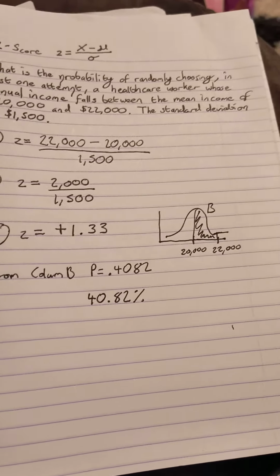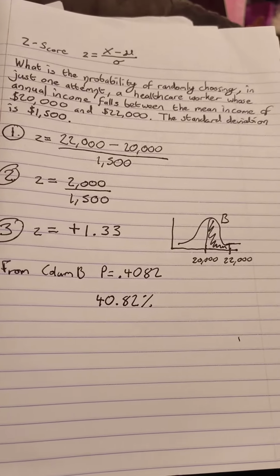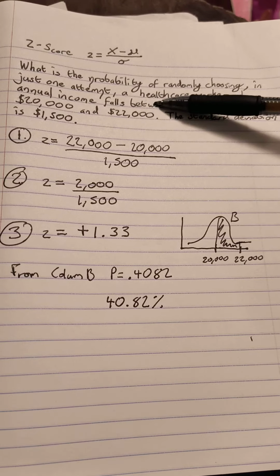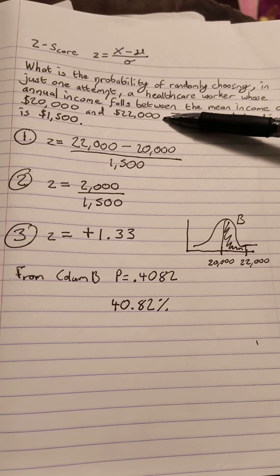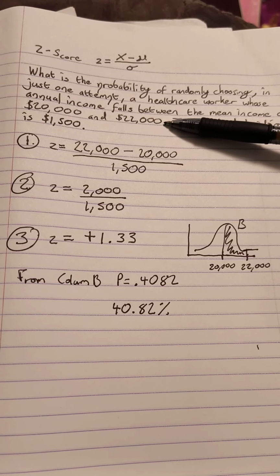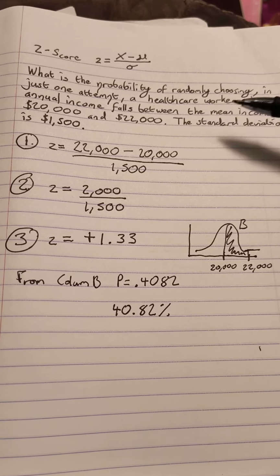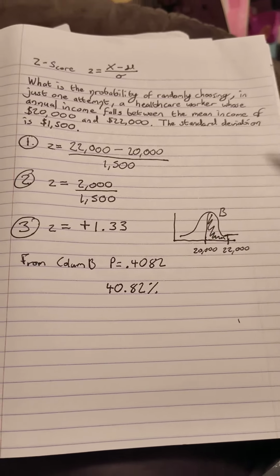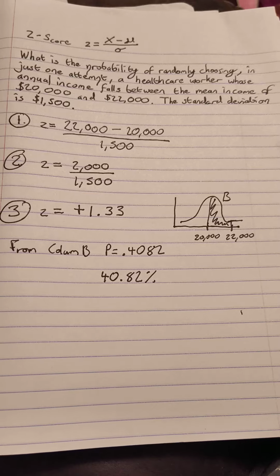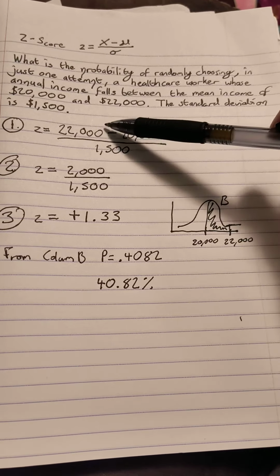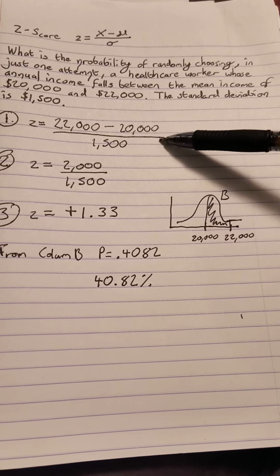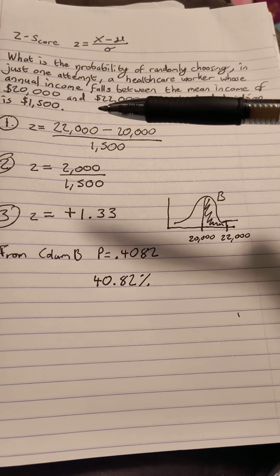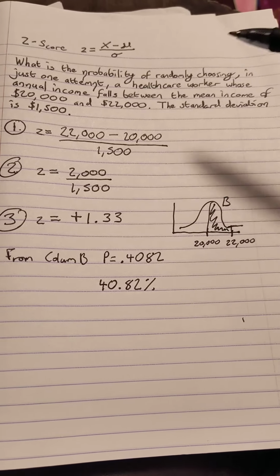So we're going to plug into our formula. So we're going to plug in for x. So x in the word problem is represented by 22,000, because we know what the mean is. The mean is 20,000 in this problem. So x minus the mean over the standard deviation, and the standard deviation has been given to us.